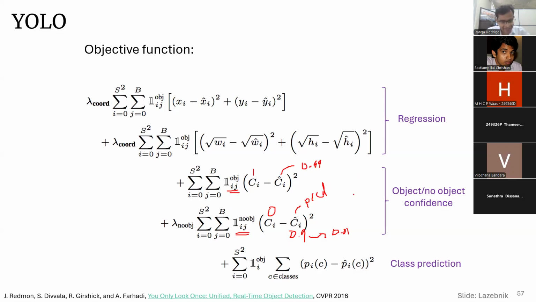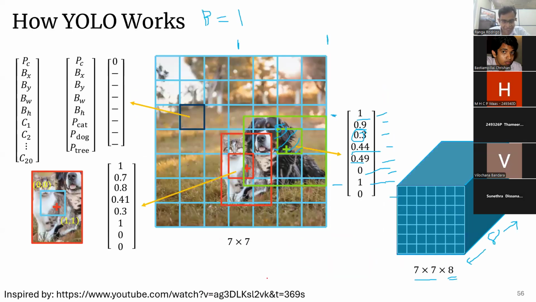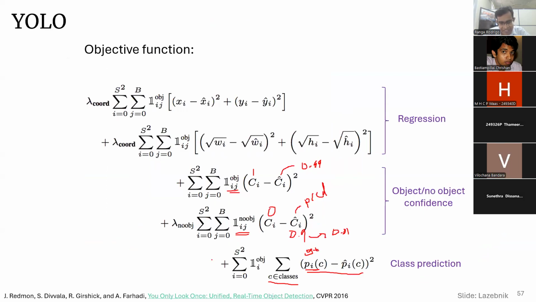I hope that's understood. And then finally, for each of the classes, they will want the system to match the ground truth class probabilities. In the ground truth, only one will be 1, as we saw in the previous slide, so all others must be 0. But this network will not predict like that, right?